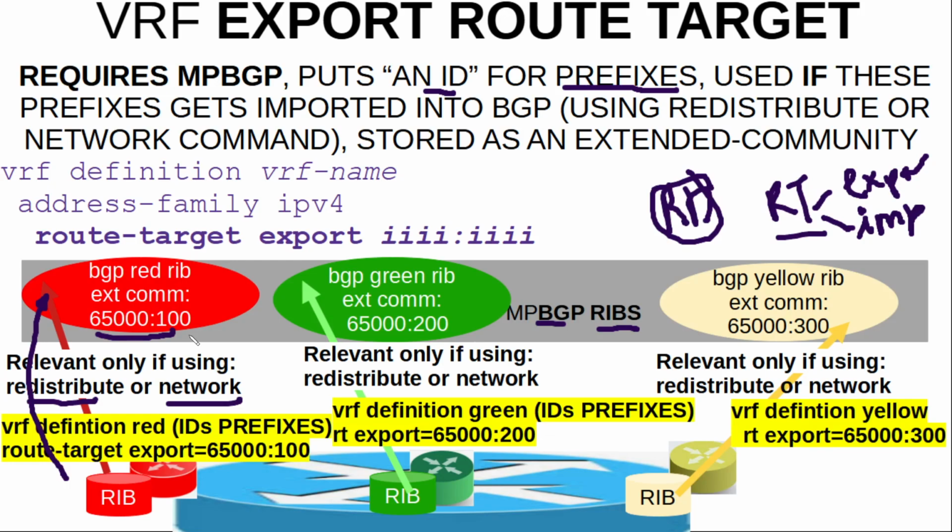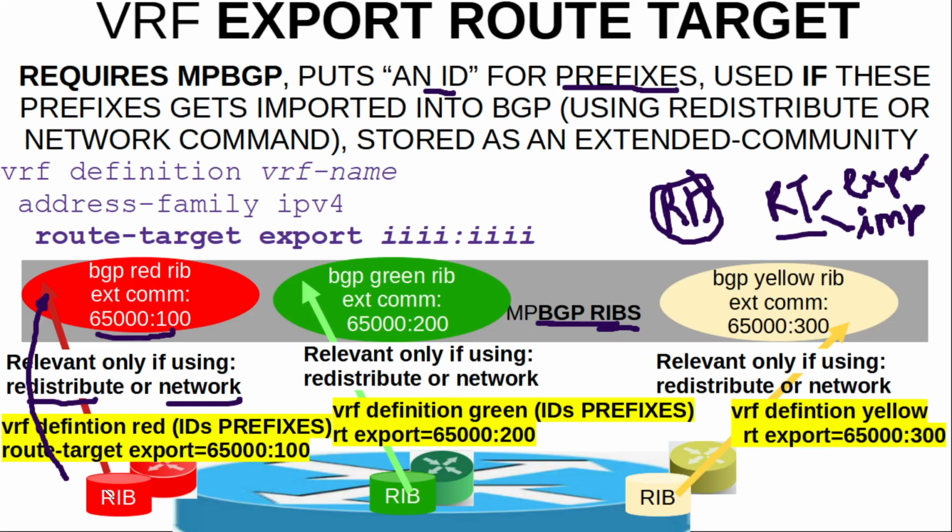By using route target export, you are going to tag, actually identify, these prefixes that come from a particular VRF LITE into a BGP RIB. And BGP is going to internally use this route target export number as an extended community within its RIB in order to identify these prefixes.